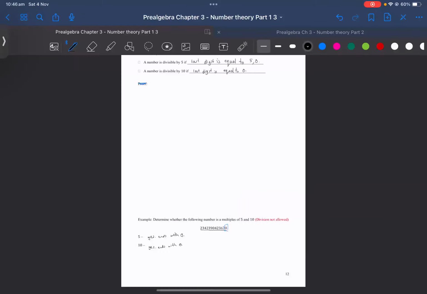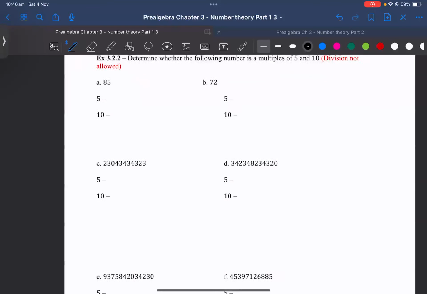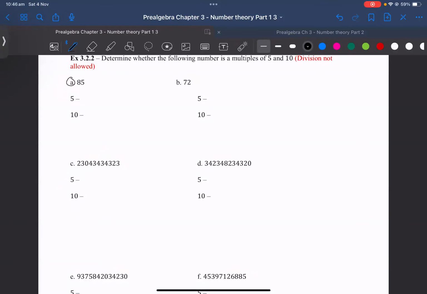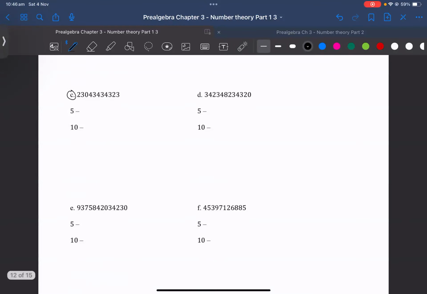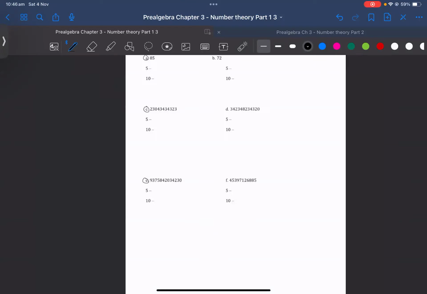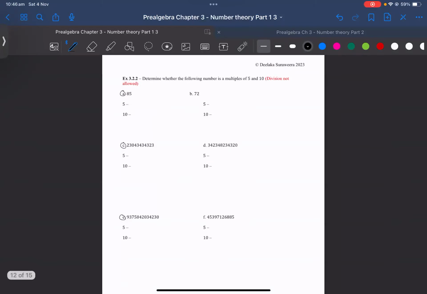All right. Let's go to this one. I want you guys to do A, C, and E. I'll give you 2 minutes because these are pretty easy. So do this on your own. 2 minutes.